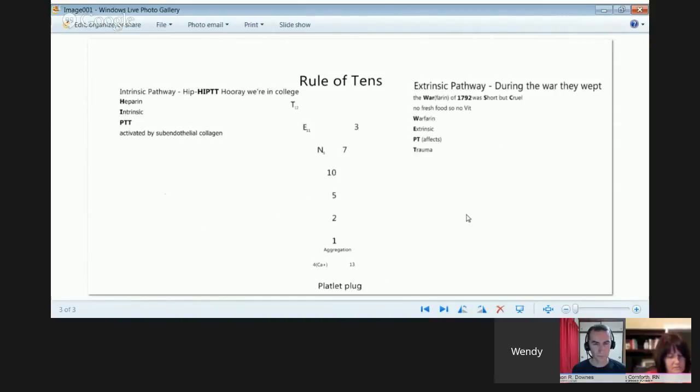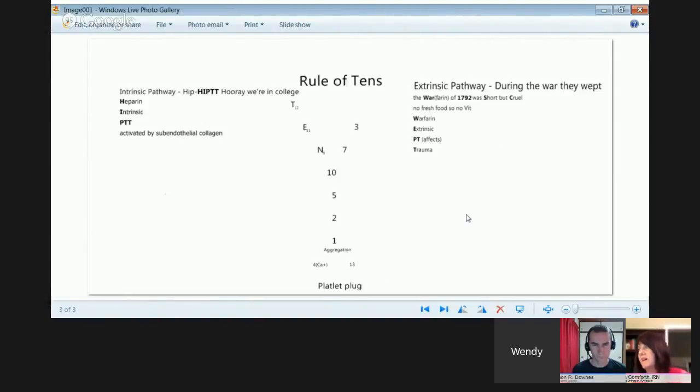I learned our clotting factors by the rule of tens. It is now currently an outdated model because we don't have a factor 3. Well, it's still there, but we realize that it's not real. I thought they just changed the name to something else.